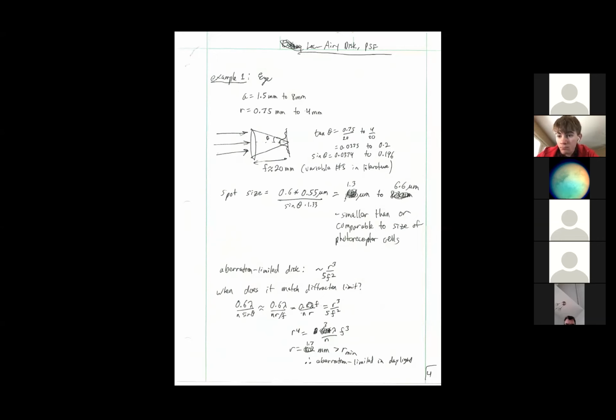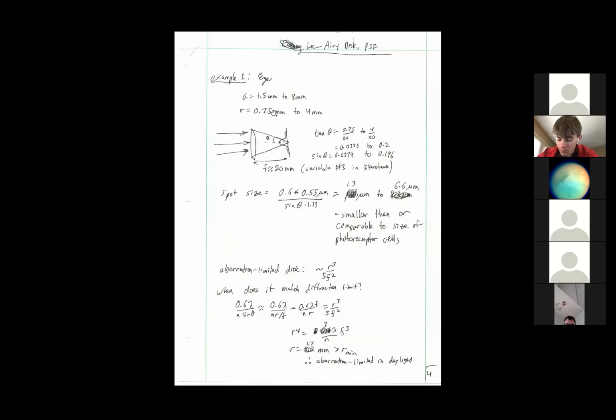So we're going to get 0.6 lambda focal length over index times radius is radius cubed over 5 focal lengths squared. If we solve for the radius at which these two limits, at which these two cases overlap, at which they both give the same prediction, so that must be the crossover, we get that r is around 1.7 millimeters.